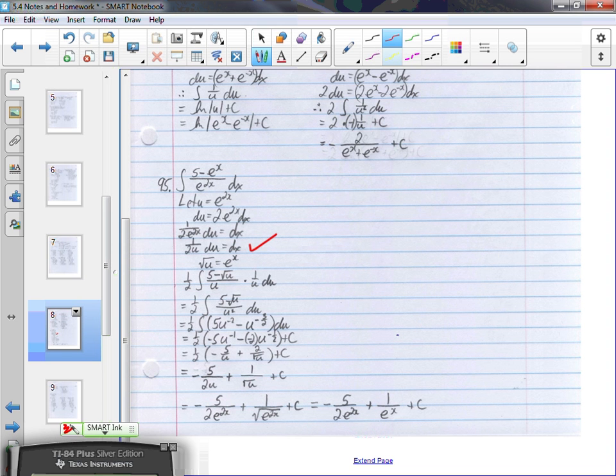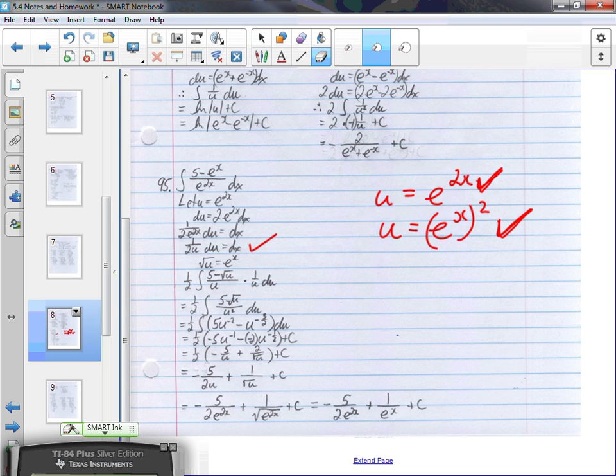Where did I get that from? If I've got u equals e to the 2x, that's u equals e to the x squared, isn't it? Because when you raise a power to a power, you multiply exponents. So if I gave you that, you would come up with that, right? So I'm working backwards here.